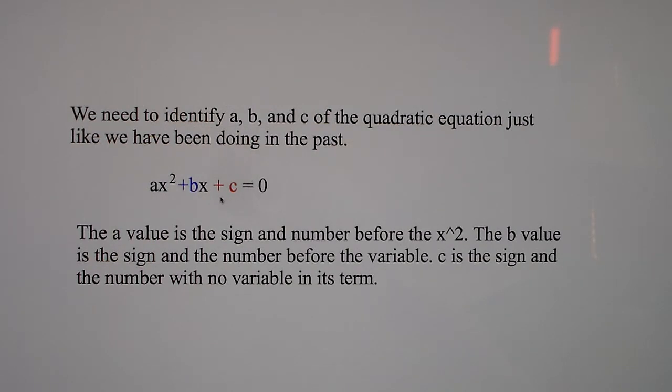And C is the sign and the number that doesn't have any variables attached to it, meaning there are no variables in that term. The A value is the sign and number before the x squared. The B value is the sign and number before the variable. And C is the sign and the number with no variable in its term.